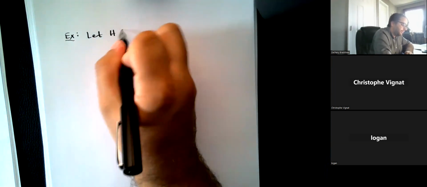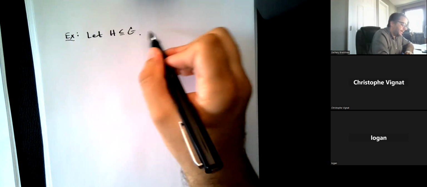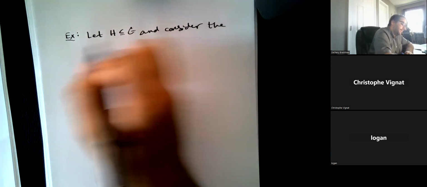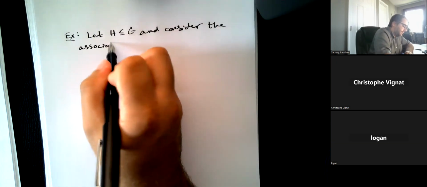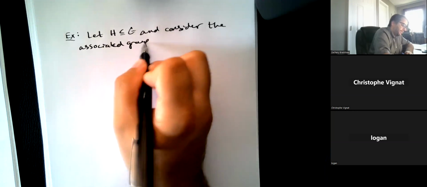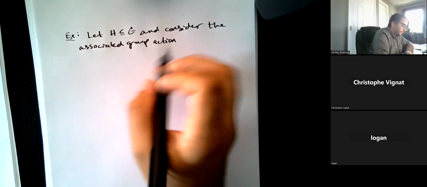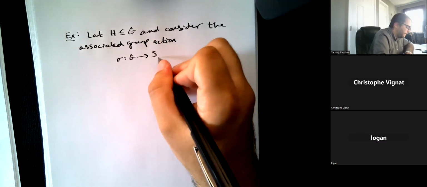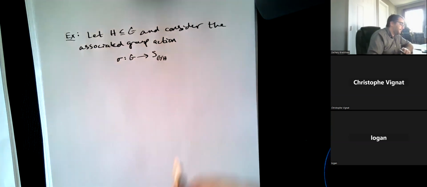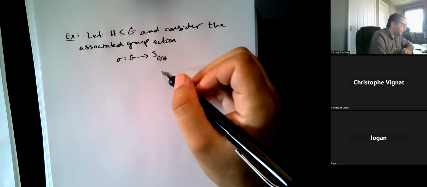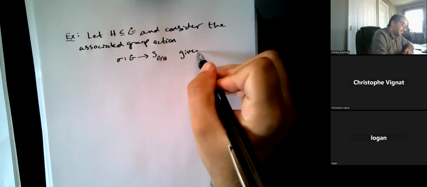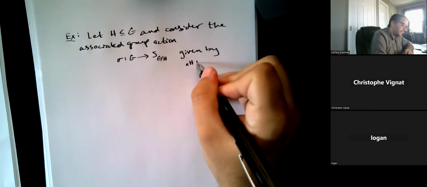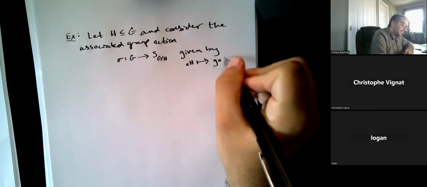So let H be a subgroup of G, and consider the associated group action sigma from G to the bijections of the cosets of H in G, given by sending xH, this coset, to gxH.